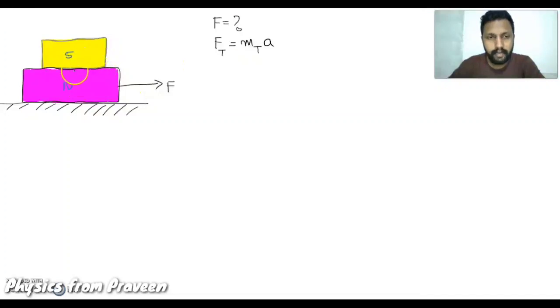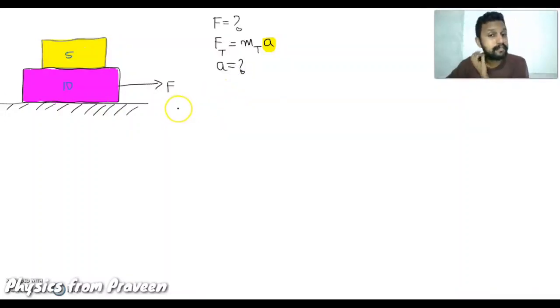If they are moving as a single system, they will have a common acceleration. Therefore, this equation will give you the total force. For finding the total force, you know the total mass, that is 5 plus 10, but we don't know the acceleration. Therefore, the acceleration has to be determined.